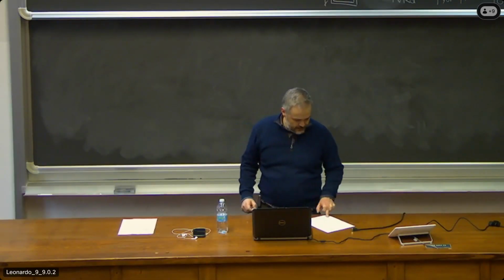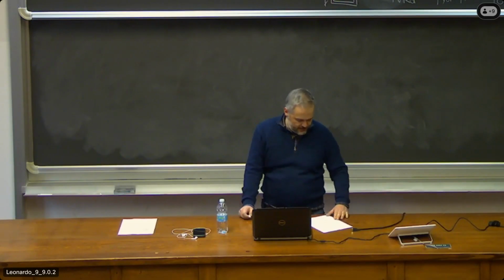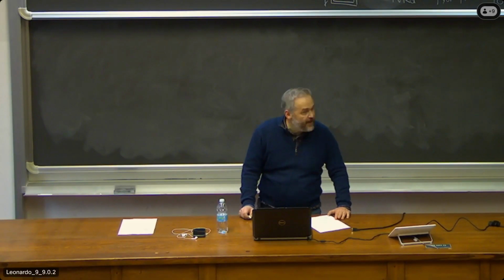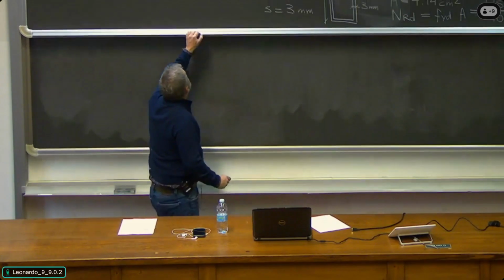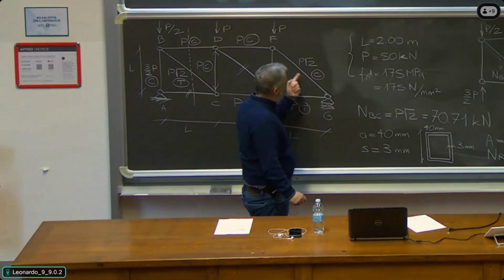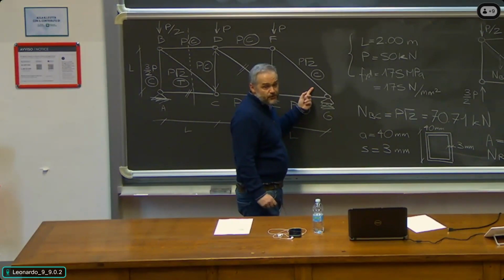Now, point E was to check the section of FG, assuming it consists of a hollow square profile with A equal to 60 millimeters and S equal to 40 millimeters. Now, in the case of FG, which is here, you cannot do a check with the section method.